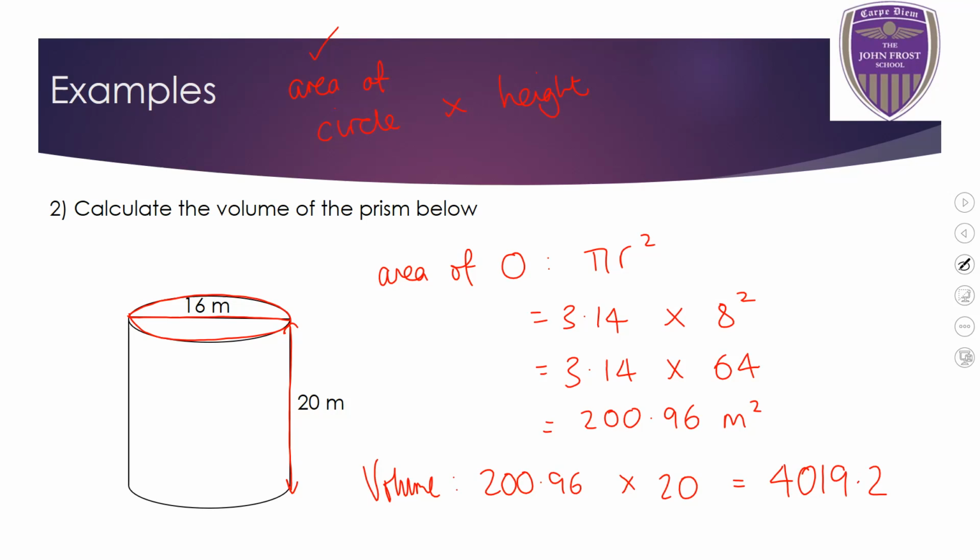Units, meters cubed. That's the final answer. We've done the two things that we should be doing: the area of the circle first, then the height.